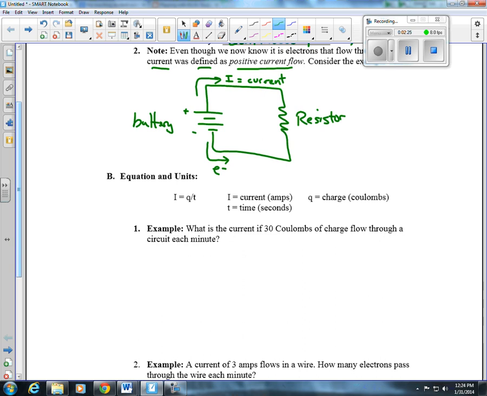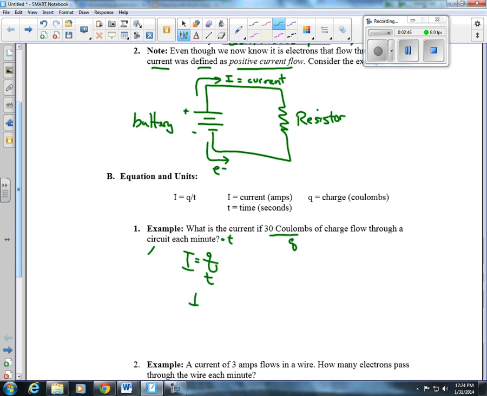Now, our first example, what is the current if 30 coulombs of charge are flowing through a circuit each minute? So I equals Q over T. I was given Q right here, and I'm given T right here, okay, and I'm going to solve for current, which is I. Now, the only trick to this one is the time needs to be in seconds.